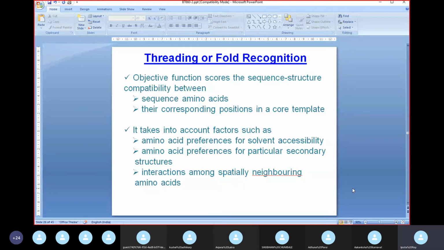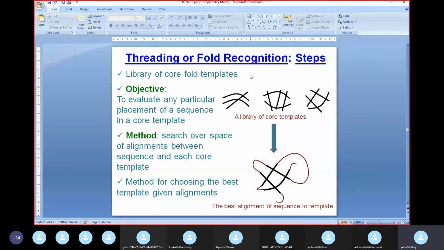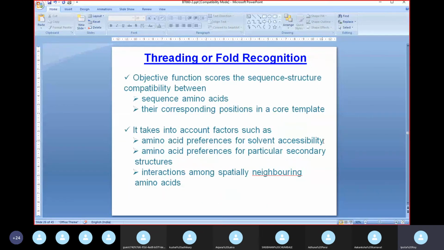So chances are very high that your protein will fit into one of these folds that are already a part of the database or the library. Chances of success with this are higher simply because you are now looking at a smaller part of the protein. You're not looking at the complete three-dimensional architecture of the protein.